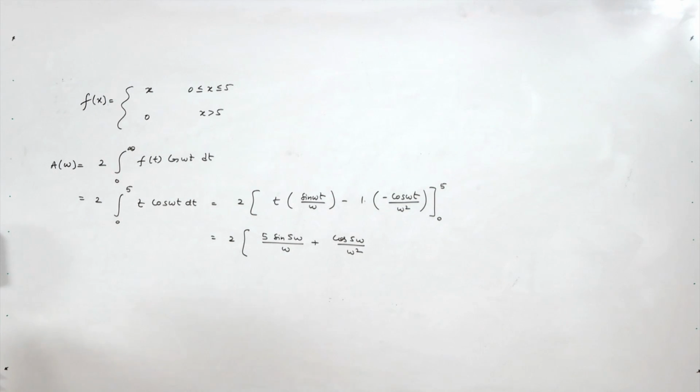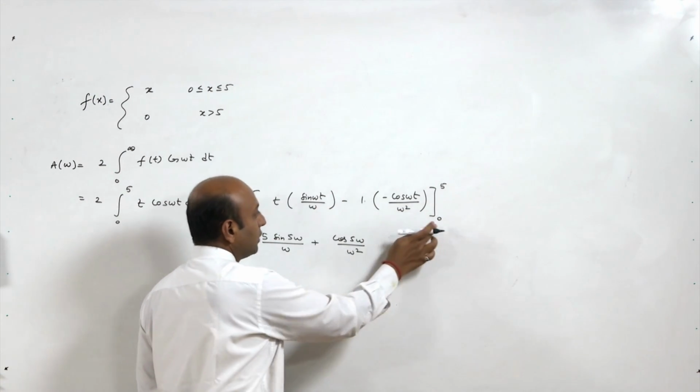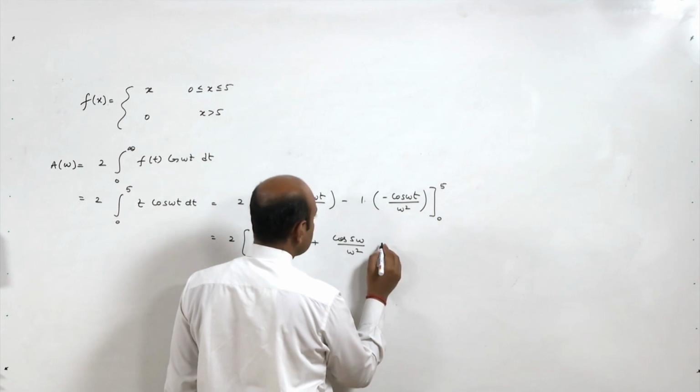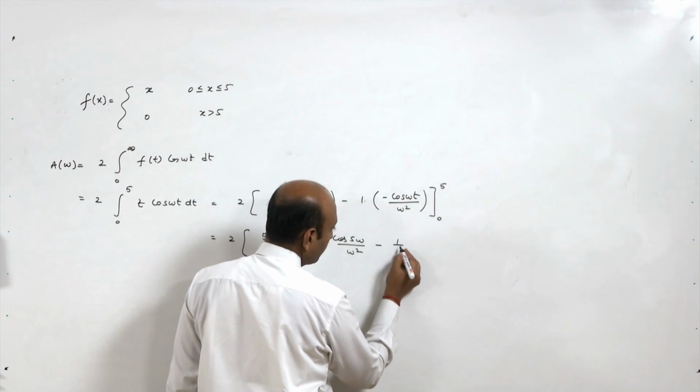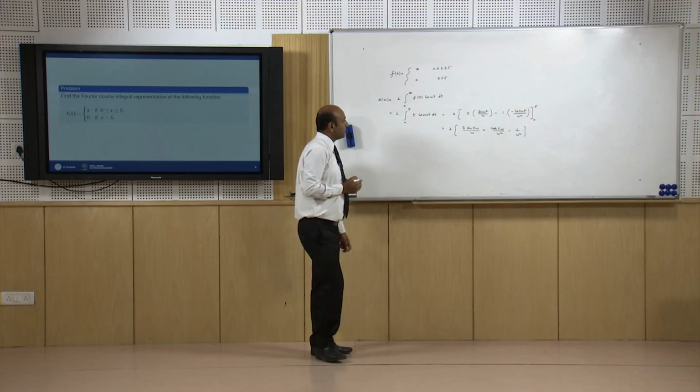For the second term, when t equal to 0 it is 1, so minus 1 upon omega square. So, this will be A omega.